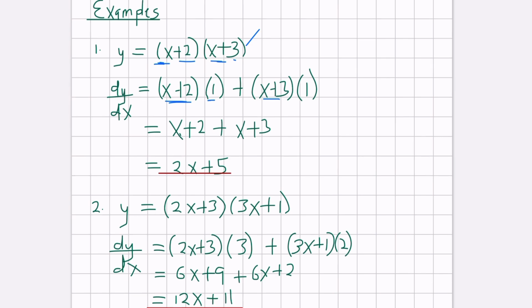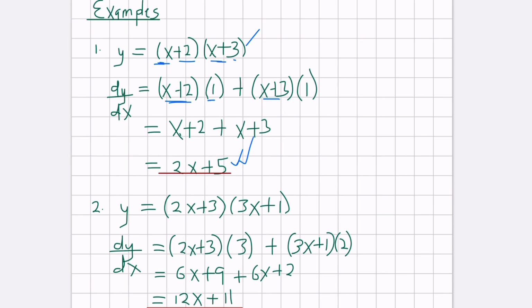Then you differentiate the first function. So x plus 2, you differentiate that, you're going to get 1. Then you simplify. So simplifying, you're going to multiply each of the first function's terms by 1. So you're going to get x times 1, you're going to get x, plus 2 times 1, you're going to get 2, plus x plus 3. Then you simplify this, you're going to get 2x plus 5 as your final answer.